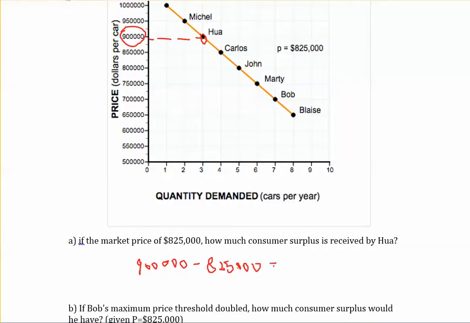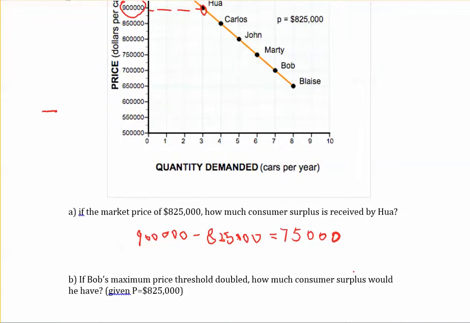And you can use your calculator to calculate the final answer. So you will get $75,000. So this is the answer for the first question.